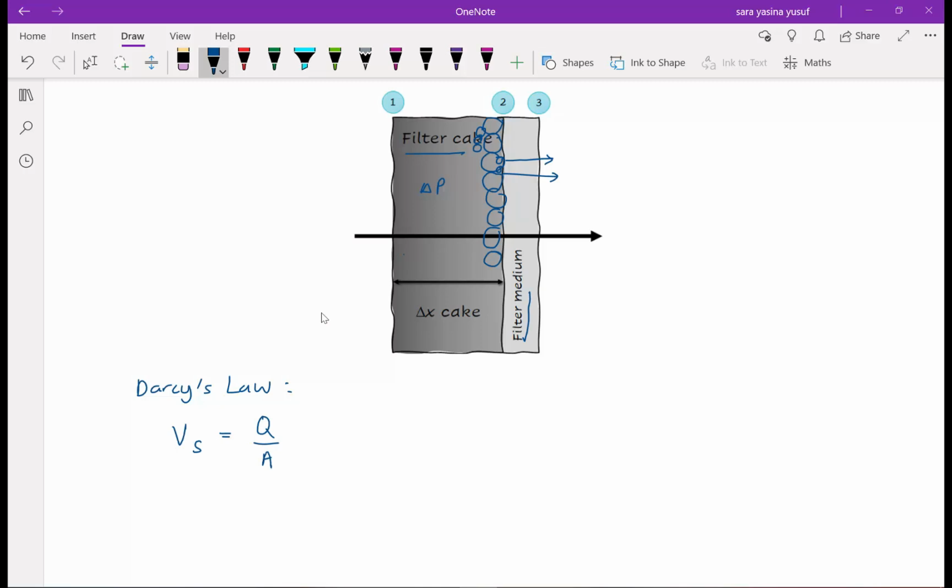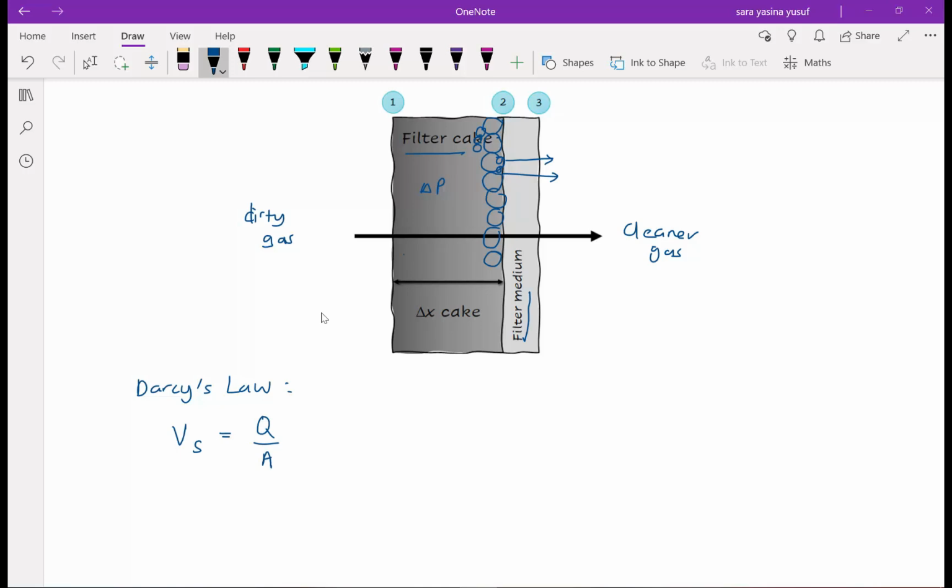Okay, so here we have dirty gas. So when it passes through these two layers, we will get cleaner gas. Okay, because those particles that we want to filter will be left behind.